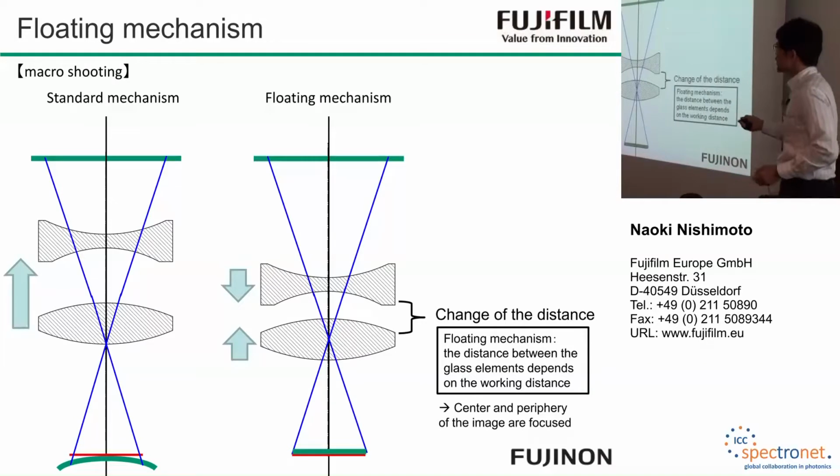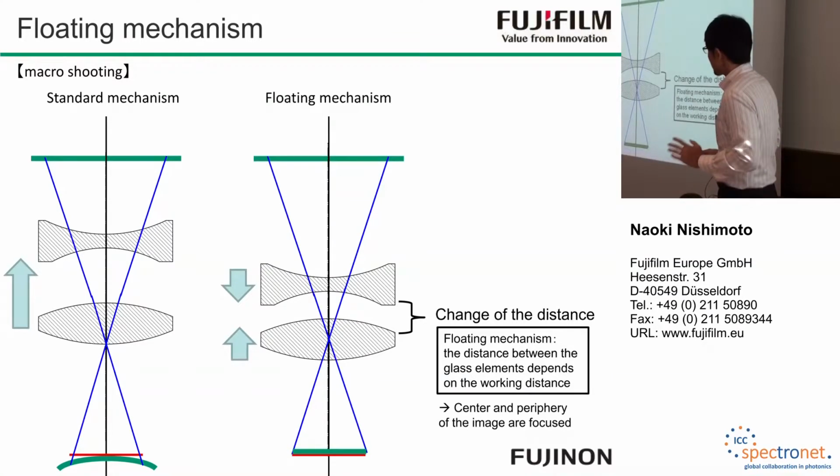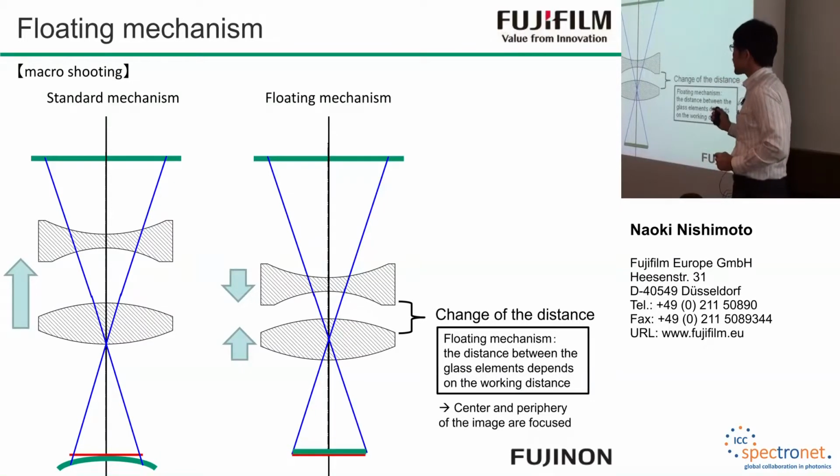But a floating lens was designed according to each condition. So we can keep the image in a very good state. This is why a floating lens is one of the solutions for field curvature.